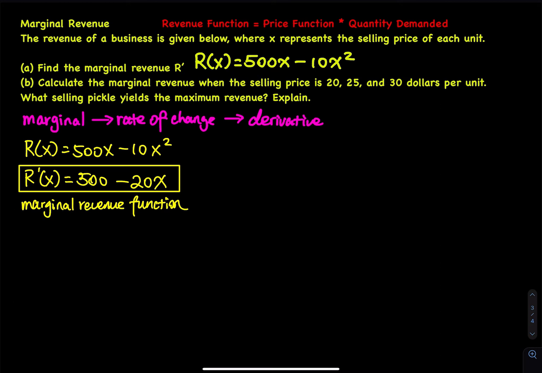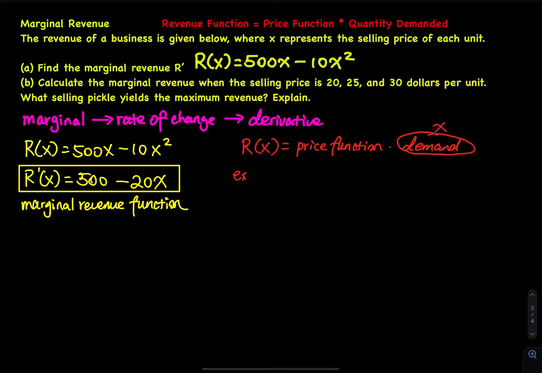So in red, I am asking for this. Sometimes R of X is equal to the price function times demand, and they usually just let demand equal X. So just for example, let's say I have a price function where P is equal to negative 0.5x plus 100.